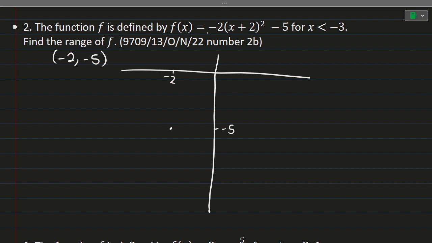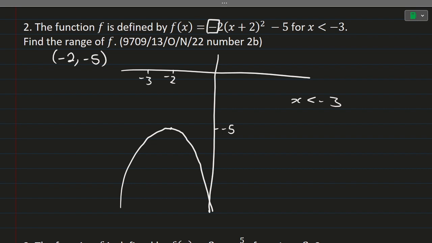And notice that it's a negative quadratic, so that means that our curve will be upside down. It would look something like this. Then our domain is x is less than negative 3. Negative 3 is somewhere here.